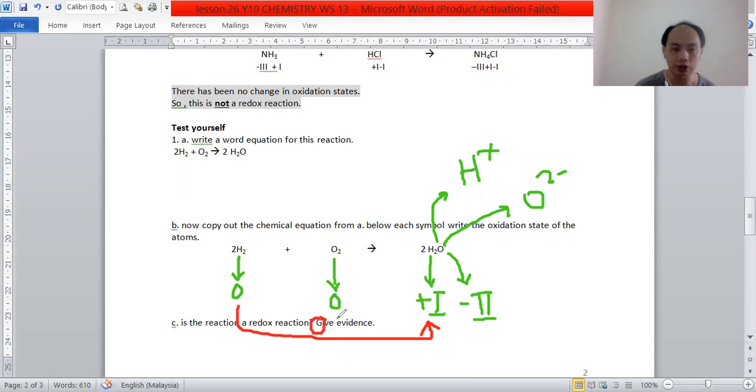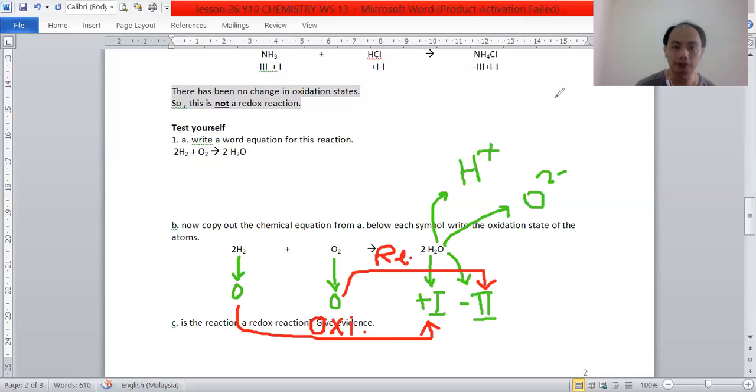So this is oxidation. And oxygen goes from 0 to negative 2, it drops, the oxidation number drops, so it is reduction.